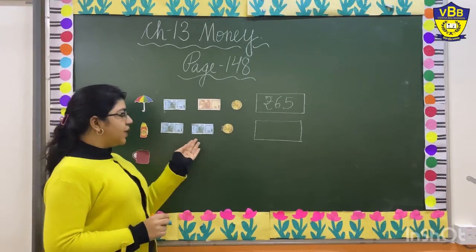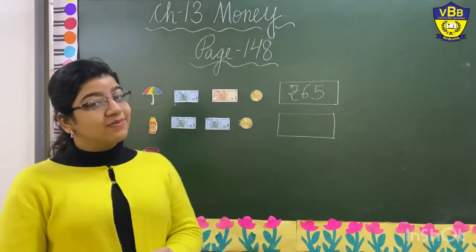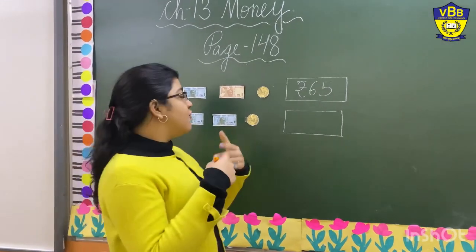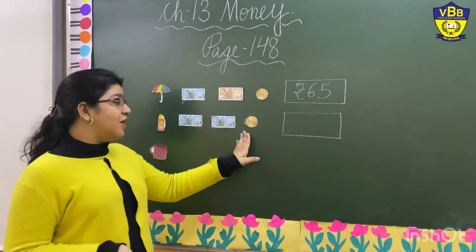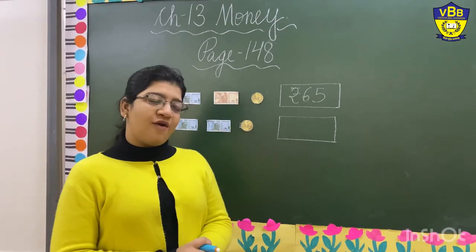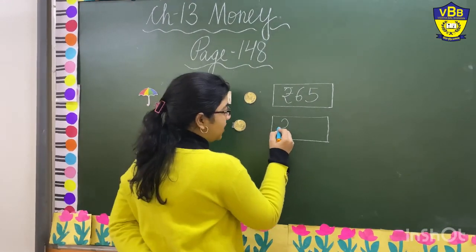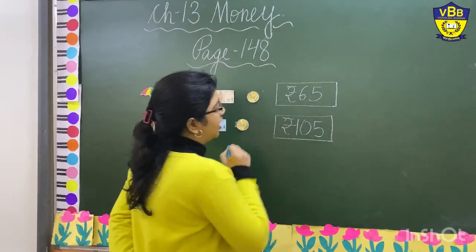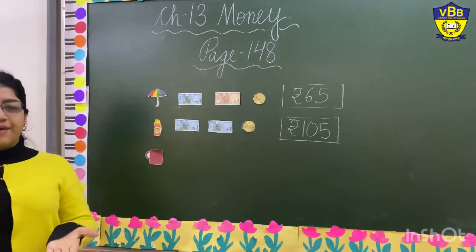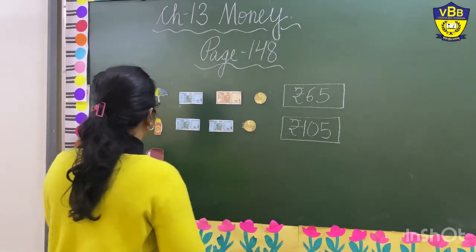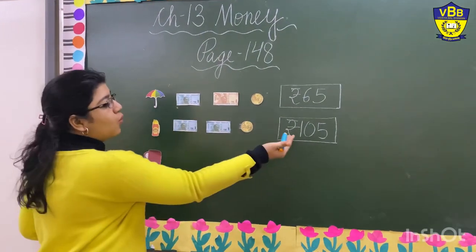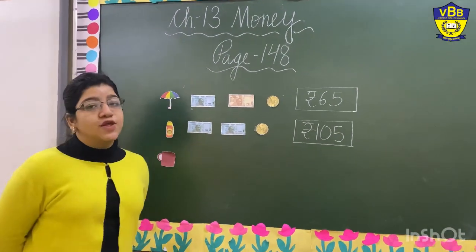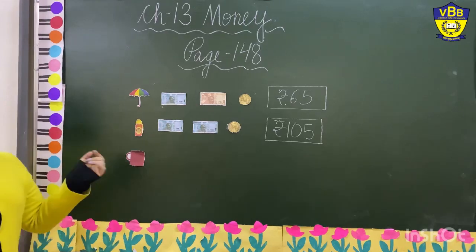Rupees 50 plus 50 is rupees 100. And when we add rupees 5 to 100, it becomes rupees 105. So the water bottle is rupees 105. Well done.